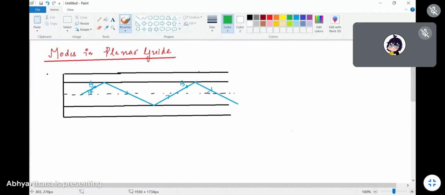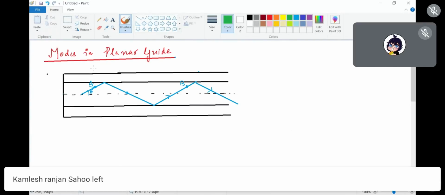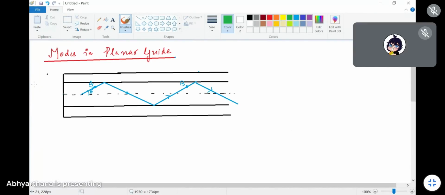Now when your light ray is traveling, you have a propagation constant. Remember that when a light ray travels inside the waveguide, there are two parameters which change once the light enters it. That is the planar guide. The first thing that will change is your lambda.